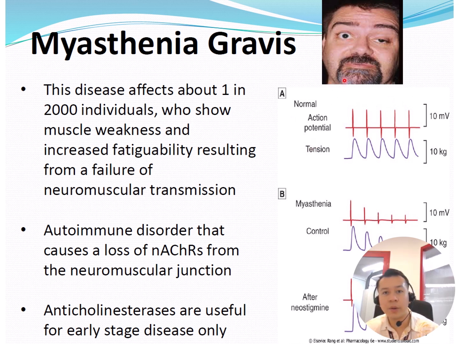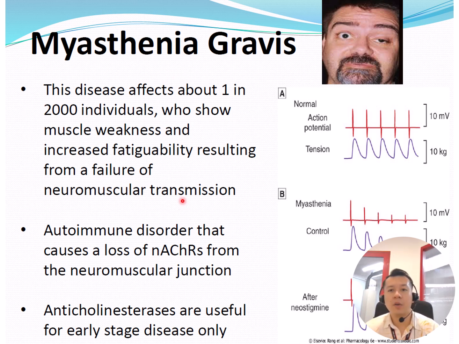So of course it's going to affect your muscle. In this patient, they have muscle weakness and fatigability, especially after repeated use, so patients might have difficulty with basic activities like eye movements and swallowing.